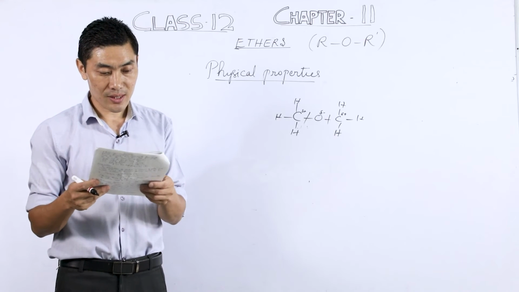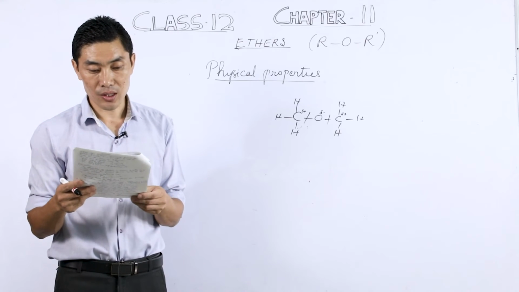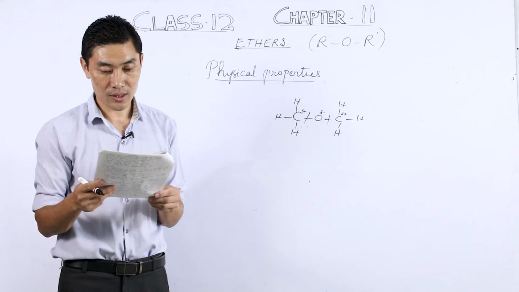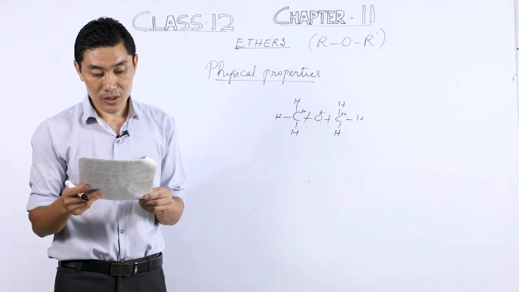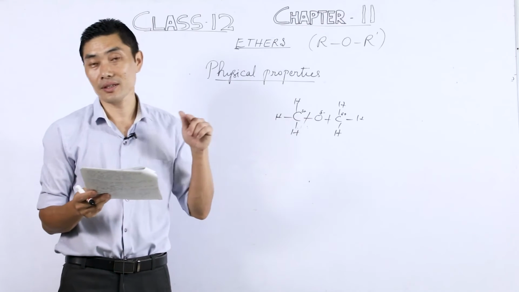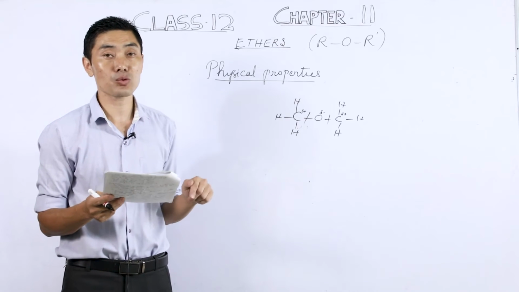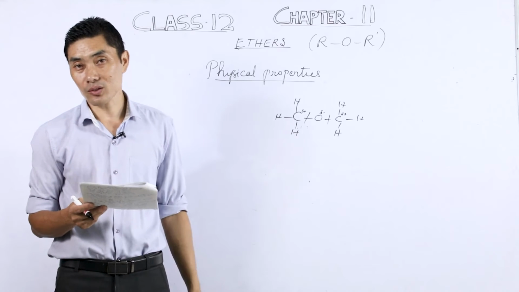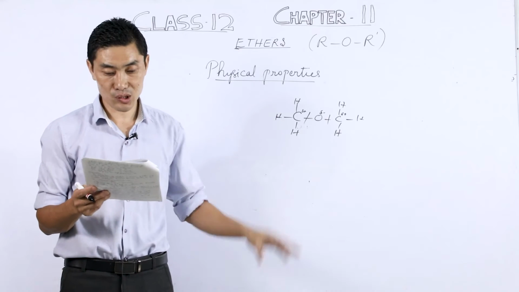The third point is that, like in alcohols, oxygen of ether can also form hydrogen bonds with water. So their miscibility resembles that of alcohols. Alcohols are soluble in water or are miscible with water because they are able to form hydrogen bonding with water molecules. That is what we have seen in the previous classes.